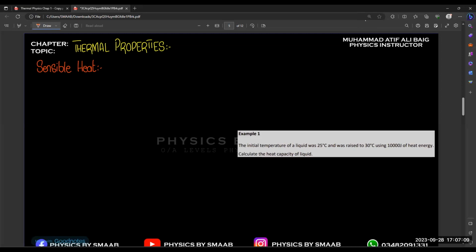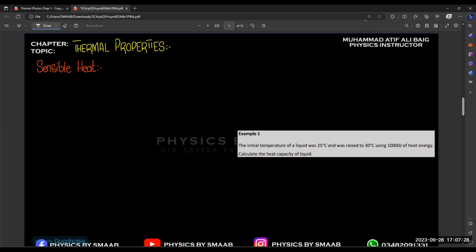When we talk about specific heat, latent heat, and the normal term of heat, you can get confused that there are different types of heat. So that's why we start with some terms of heat, and then we start with different processes.